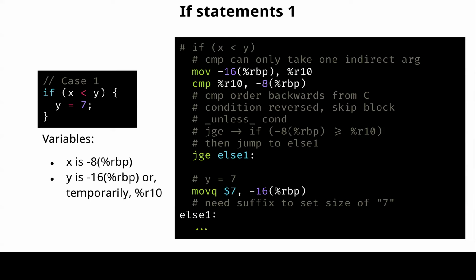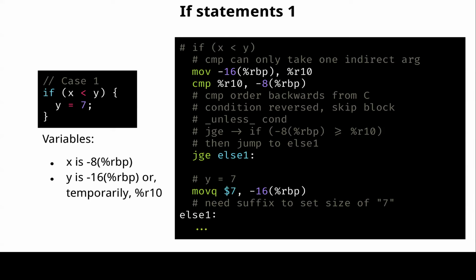Yes, but this is what I just talked about. The compiler may not do something faithfully to your C code. What your C code is doing is x is less than y. The code the compiler is generating compares whether x is greater or equal to y, then we take this jump. They are equivalent. They're actually the same thing.